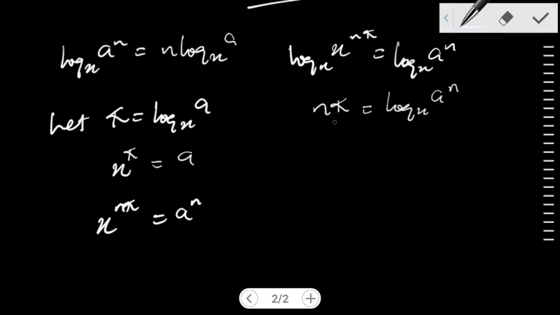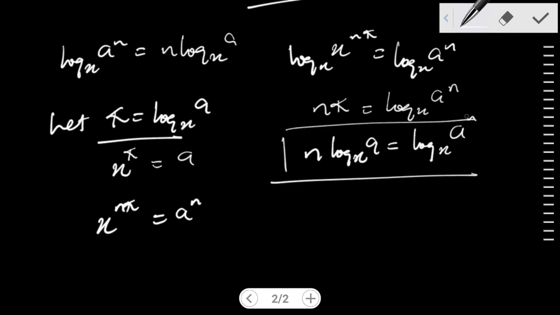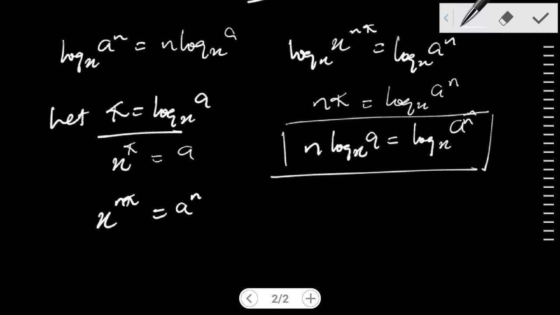But we know what k is. K is this, so n log_x a equals log_x a to the power n. So this is how you can prove the above elementary rule, that n log_x a equals log_x a to the power n.